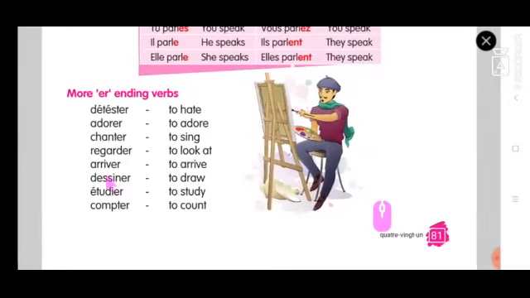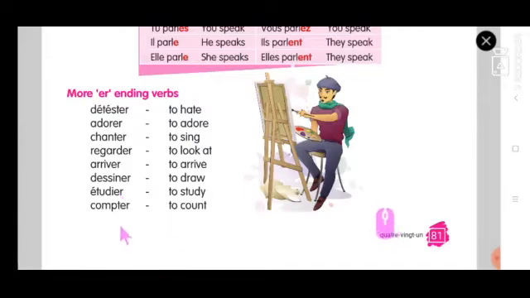Next is désigner. Infinitive is désigner. Sound number 1 is désigne. Sound number 2 is désignons. Sound number 3 désigner. Étudier, étude, étudions, étudier.